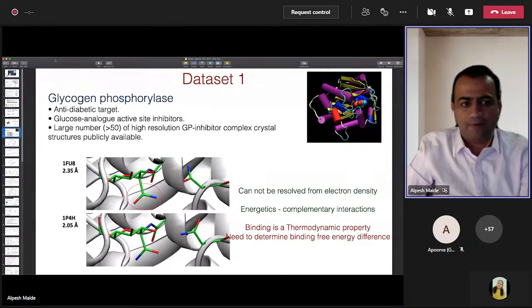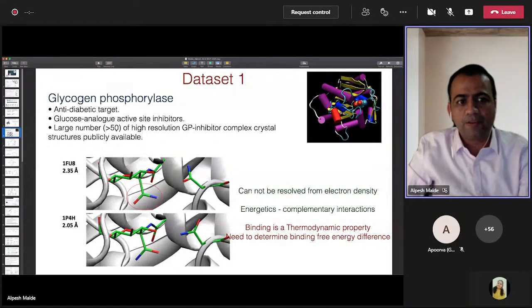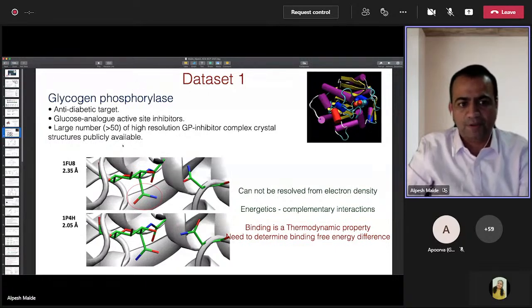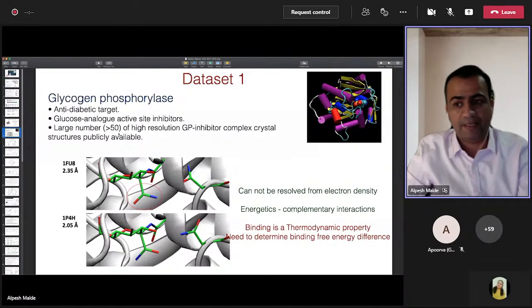It's a target for diabetes, and most of the inhibitors are analogs of the glucose molecule. And we have more than 50 high resolution structures and binding data in the publicly available Protein Data Bank. This gives us an advantage, that we have so much structural and binding data we can use to develop and test our methods, because here we know the answer.